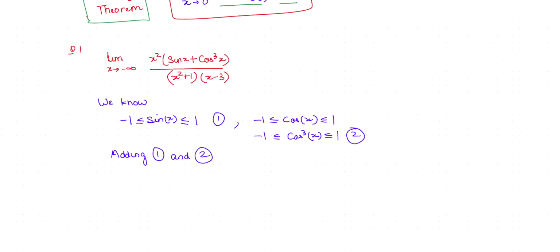We know that sine x lies between -1 and 1, and cos x also lies between -1 and 1. Because we need cos cube here, if we cube it, this inequality stays: -1 is less than cos cube x, which is less than 1.